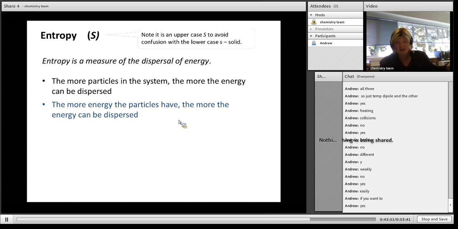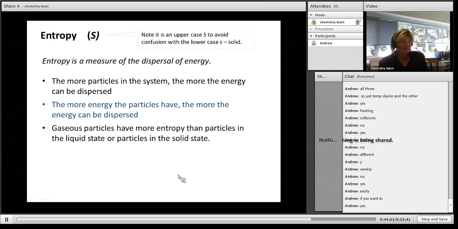But if you also have lots of little people singly moving around, both ways can disperse the energy effectively. Right, and then as I said, gaseous particles have more entropy than particles in the liquid state, and they have more energy than the ones in the solid state, because there's more energy moving around in a gas compared to a liquid compared to a solid.